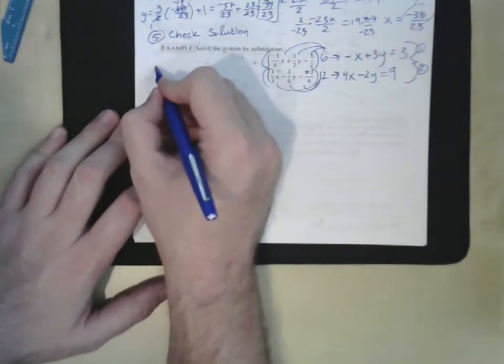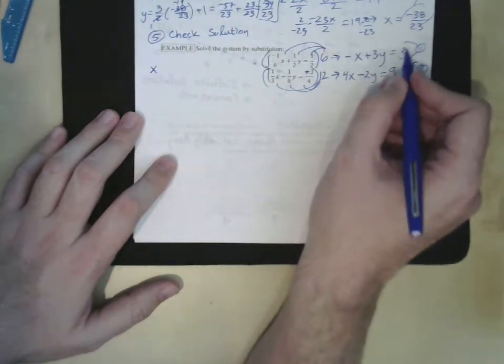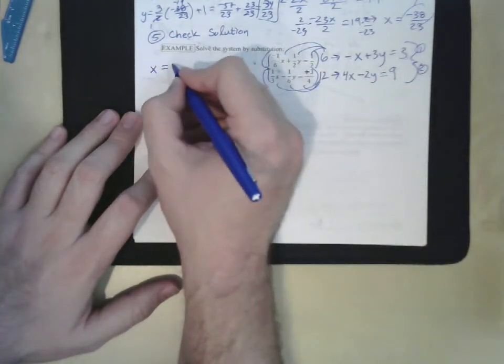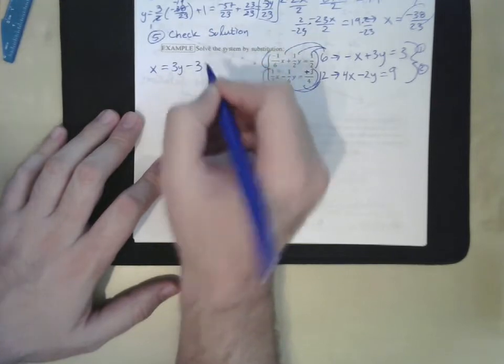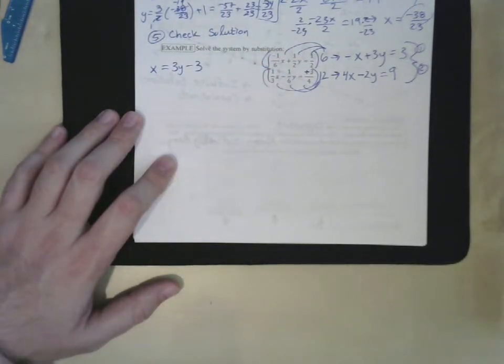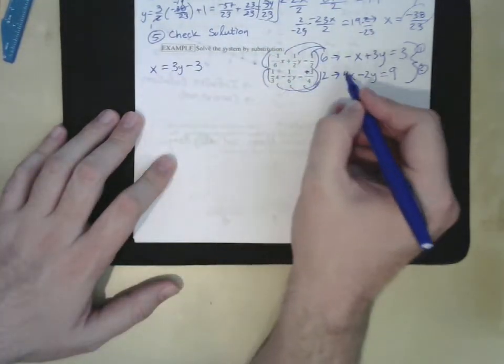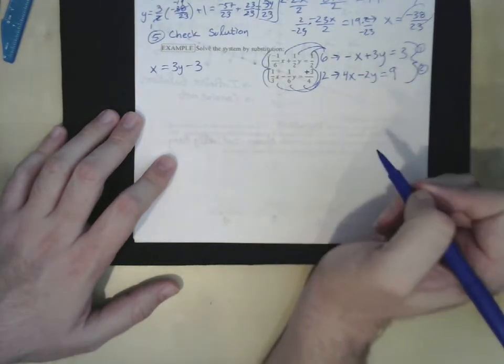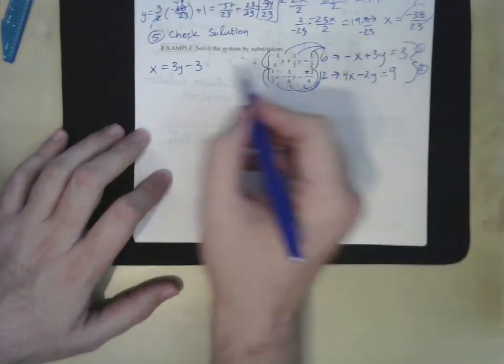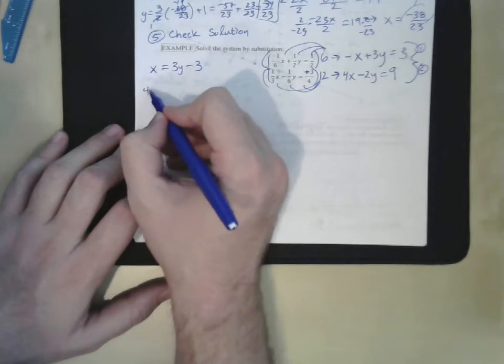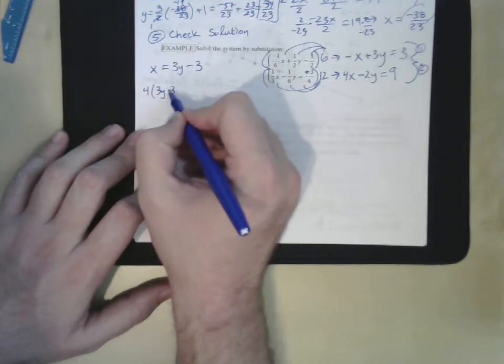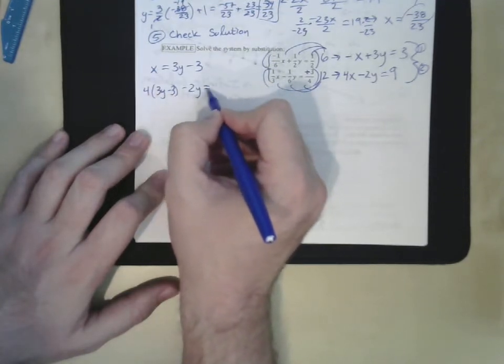So I'm going to add 3y to this side, subtract 3 to get x equals 3y minus 3. And then I'm going to plug this into my second equation here, 4x minus 2y equals 9. So I'm going to have 4 times (3y minus 3) minus 2y should equal 9.